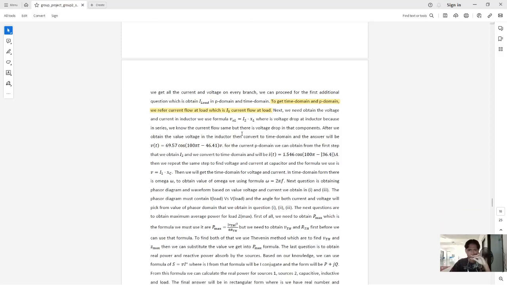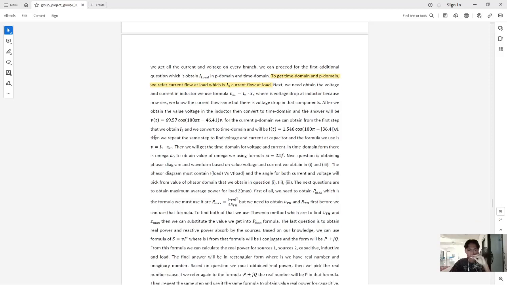After that, we convert the current and voltage to the time domain, where v(t) equal to 69.57 cos(100t) minus 6.1 volts, and for the current, i(t) equal to 1.1 cos(5t) minus 36.4 amperes.